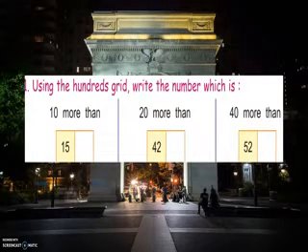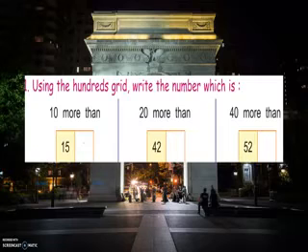Now let's do some more examples. Using hundreds grid, write the number which is 10 more than 15. 10 more than 15 means 15 plus 10. You have to add 10 to 15, which means you have to move downwards 1 time. 10 means 1 ten.